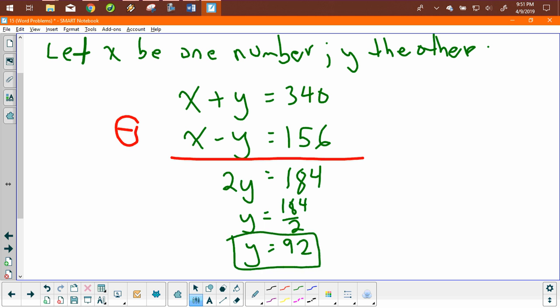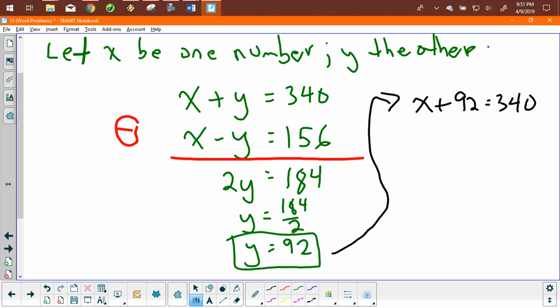Now that we have y, we have to go back and figure out what x is. So I pick one of my equations. It doesn't matter which one. Let's say I use the first one. So I have x plus y, so x plus 92 equals 340.